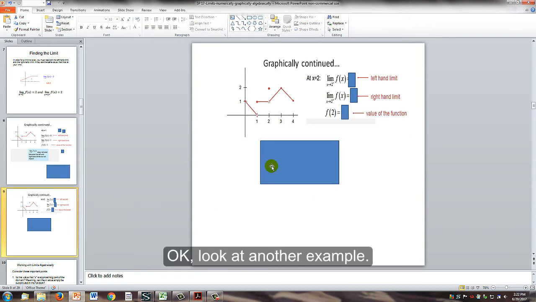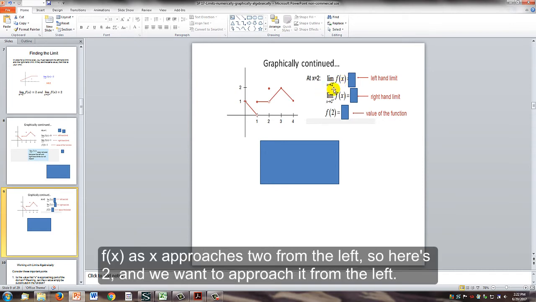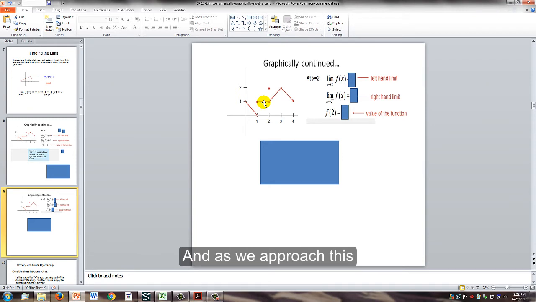Okay, look at another example. This time we're looking at x equals 2. The limit of the function f of x as x approaches 2 from the left. So here's 2, and we want to approach it from the left. And as we approach this function from the left, it's heading right towards 1.